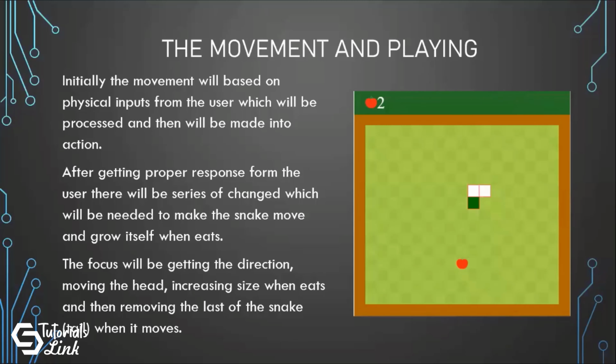Let's say the snake length is 3. It eats again, the snake length becomes 4. The head keeps on moving, so the tail has to move also, because we have to maintain the length 4. This means we have to continuously call some array methods in such a way that every time the snake eats, it gets longer, and every time the snake moves, it removes the tail and shifts the head forward along with its body. So we will discuss this also.